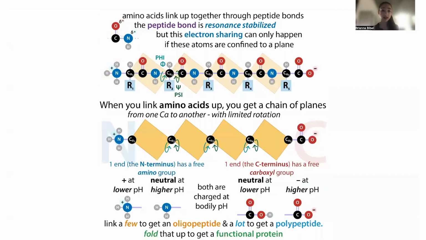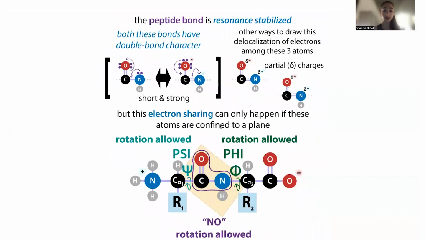When these amino acids link together, they do so by making peptide bonds. In a peptide bond, you have the amino group of one amino acid combined with the carboxyl group of another amino acid, and this forms an amide bond, which we call a peptide bond.